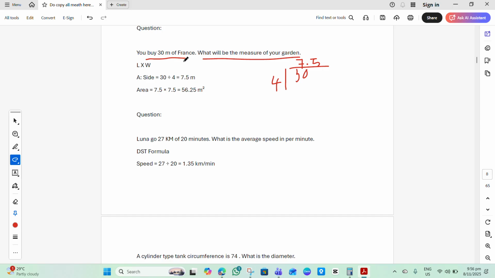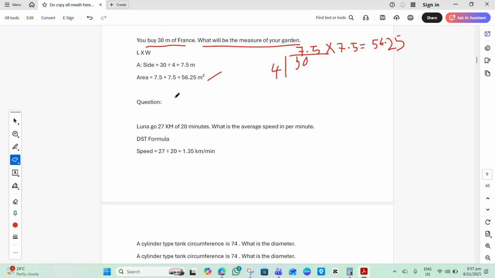The garden should be length times width, area, 7.5 times 7.5, so 56.25. Exactly the same kind of question, sometimes we cannot get what is being asked inside the question. So 56.25 square meters.